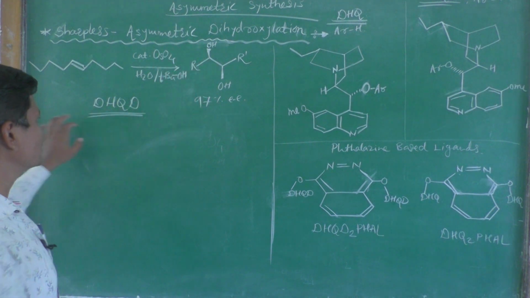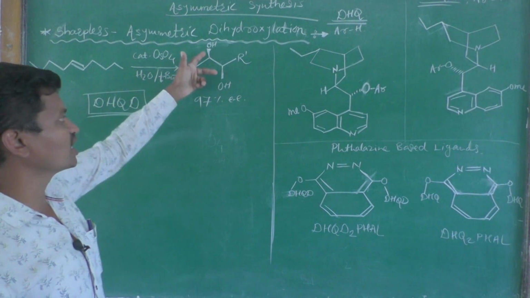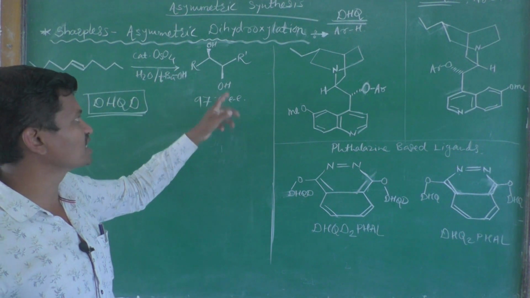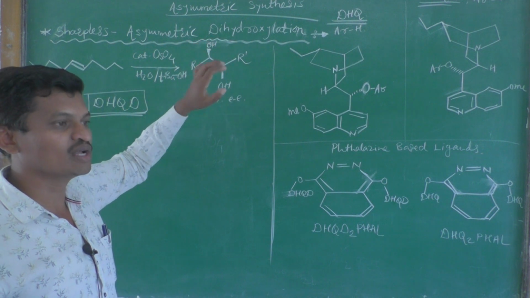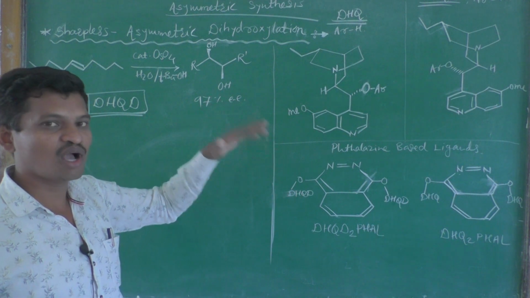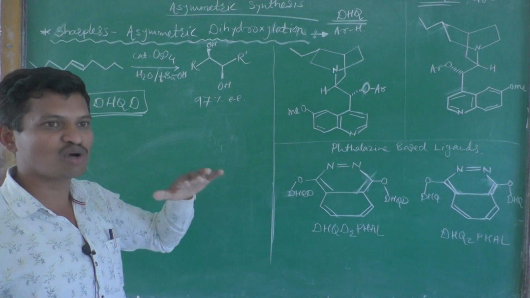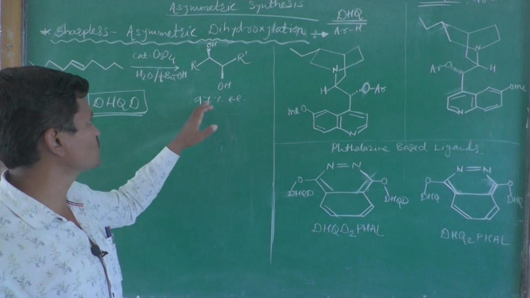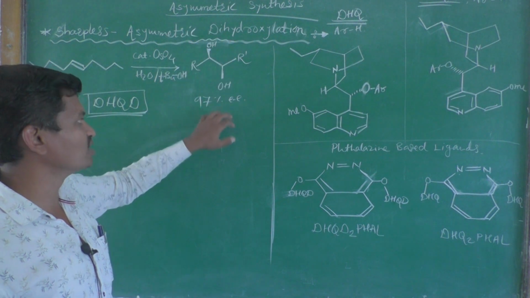When we are using DHQD, we get 97% enantiomeric excess of this 1,2-diol, and both hydroxy groups are coming from the same side of the carbon-carbon double bond, that is, from the top face. That's why we are getting enantiomeric excess of this isomer.